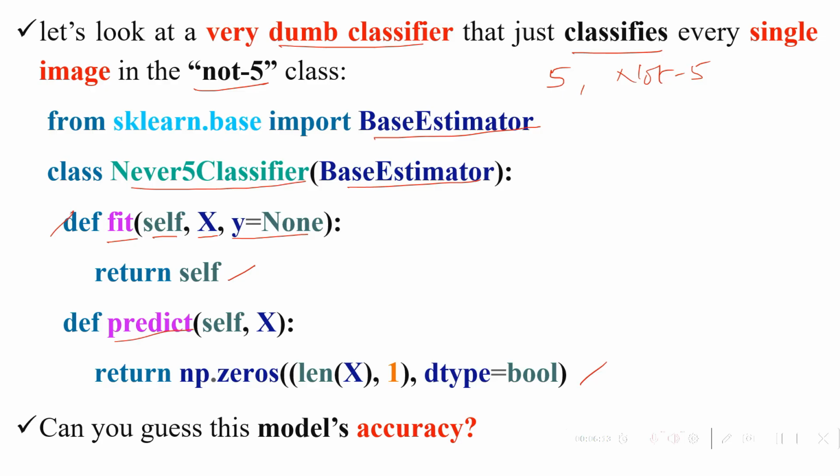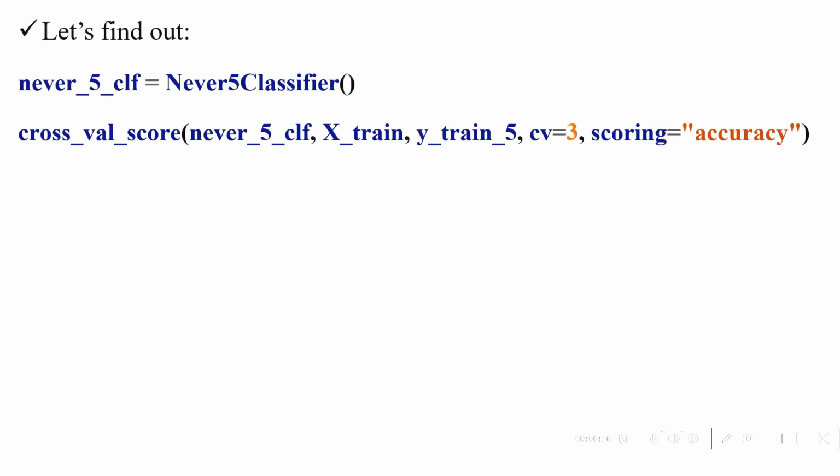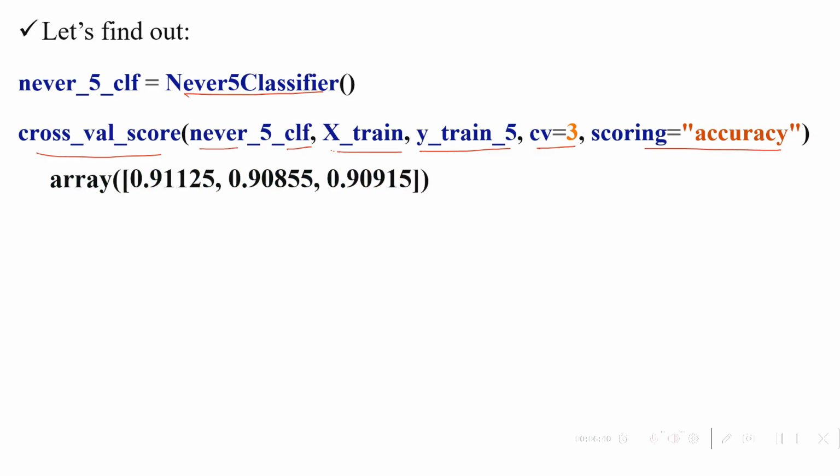Now we can find the accuracy of this model. We create never_5_clf equal to Never5Classifier and compute the cross validation score with X_train, y_train_5, cv equal to 3 and scoring accuracy. We get values of 0.91125, 0.90855 and 0.90915. In all three cases the accuracy is above 90%.